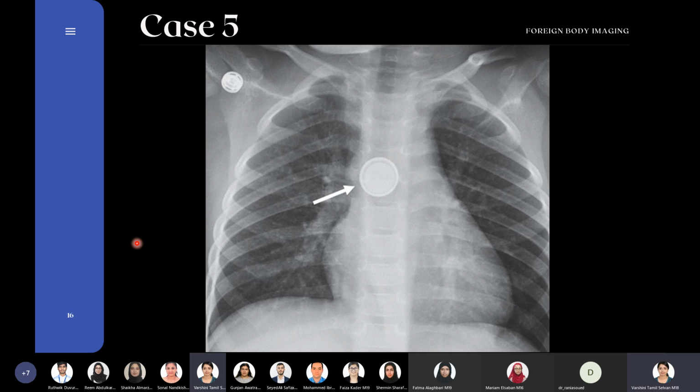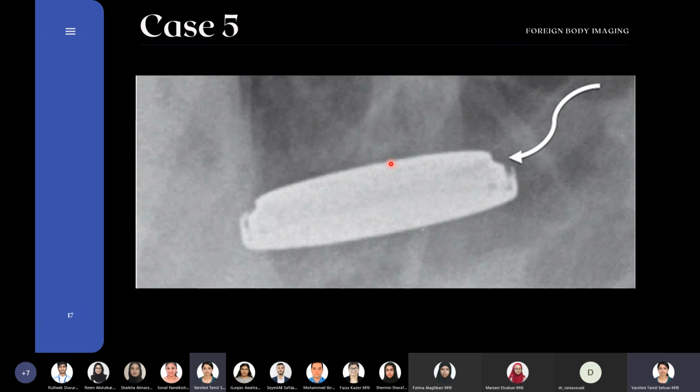Yes, it's not a coin, and I'll tell you why. Because in batteries, you can see that it has a beveled shape. If I go to the next slide, you can see that there is a bevel shape here. Let me just get my pen real quick. It's not a sphere. It's like this. Can you see my annotation?